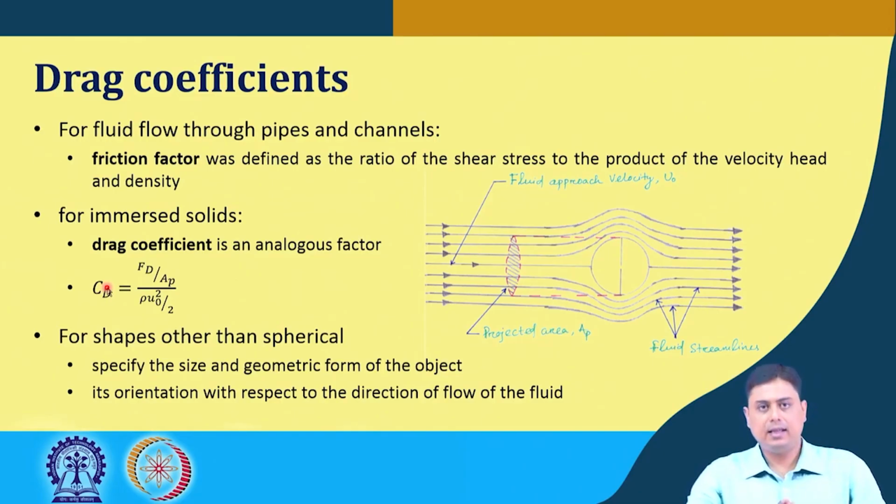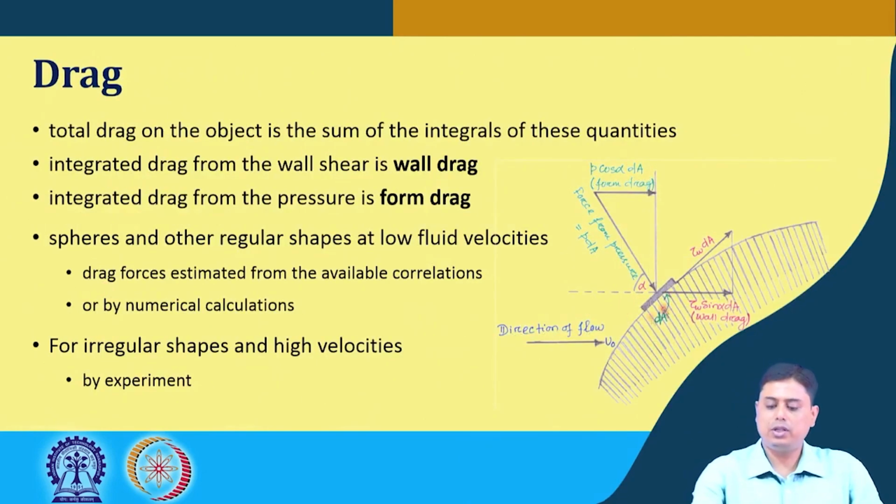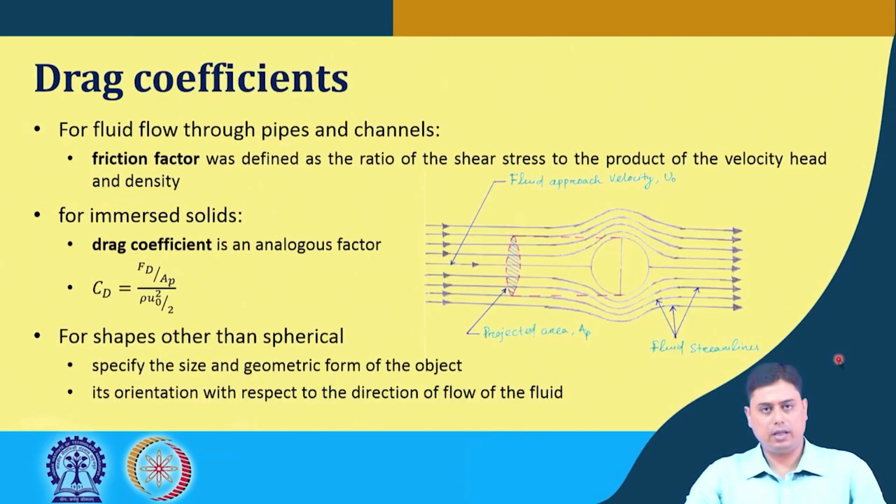So the size and the geometric form of the object become of paramount importance in the calculation of the drag coefficient, and its orientation with respect to the direction of the flow is also another vital parameter that we need to consider. Because we have seen in the previous example that if it forms an angle, the drag coefficient has two components, but if it is parallel it is only the wall shear case.